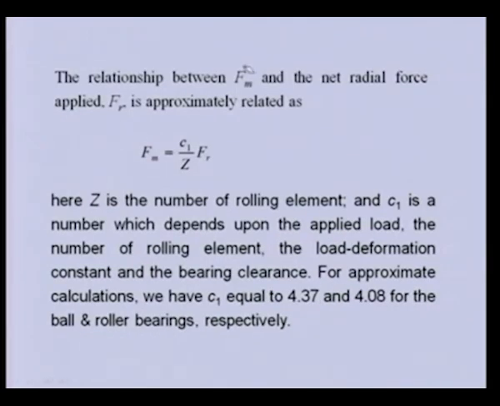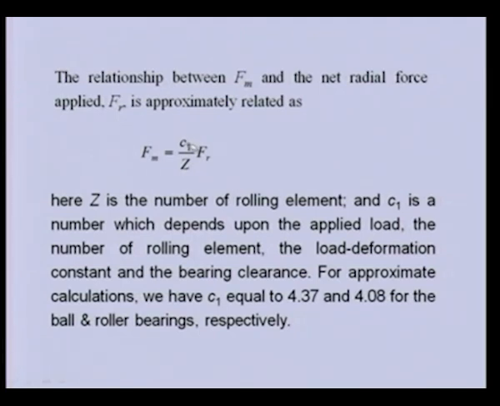The relationship between Fm, the maximum load which a particular rolling element is carrying, and the net radial force Fr which we are applying to the bearing, is approximately related like this. This is also an approximate formula, in which C1 is a constant and Z is the number of rolling elements.